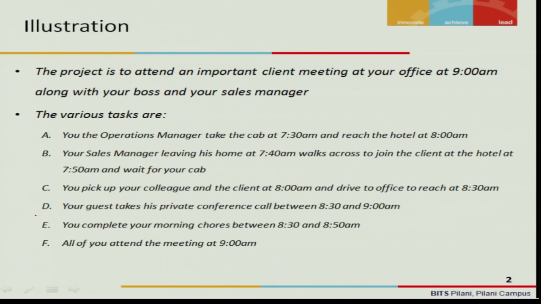Then you arrive at 8 o'clock at the hotel. You pick up the client and your colleague and drive to your office, traveling for about 30 minutes, and you reach the office at 8:30.